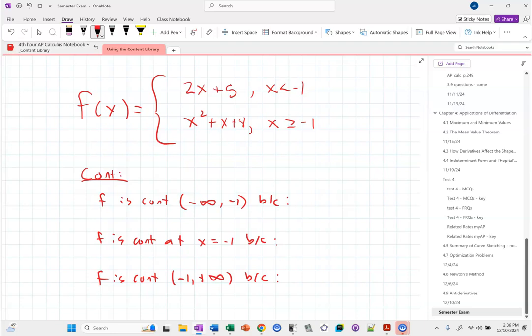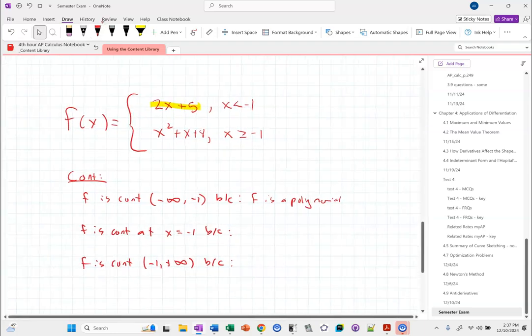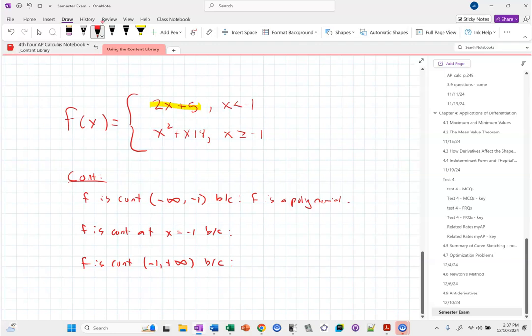How do I show that f is continuous from negative infinity to negative 1? Good enough. How do I show that f is continuous from negative 1 to positive infinity?